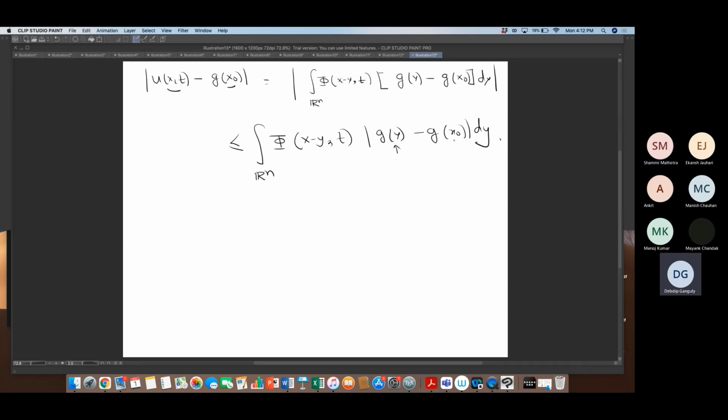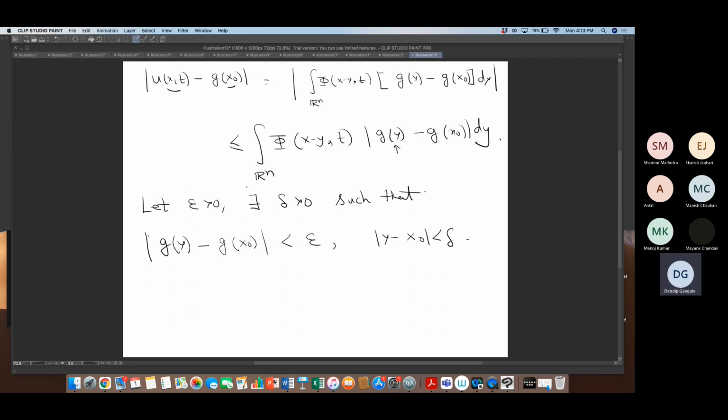Let epsilon be positive; there exists delta positive such that the modulus of g(y) minus g(x naught) is less than epsilon whenever the modulus of y minus x naught is less than delta. So when y is very close to x naught, I can always make g(y) minus g(x naught) small.